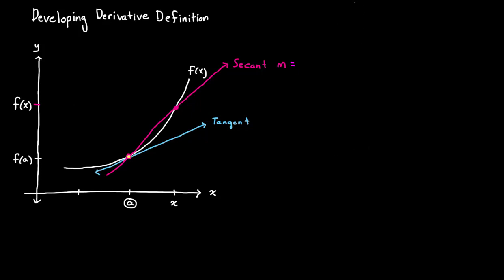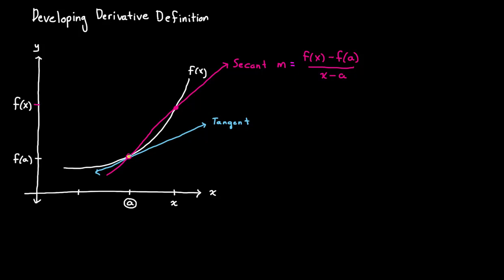And so we would define the slope of the pink secant line to be change in y over change in x. f of x minus f of a all over x minus a, and that's just change in y over change in x. That slope does not give us the instantaneous rate of change.